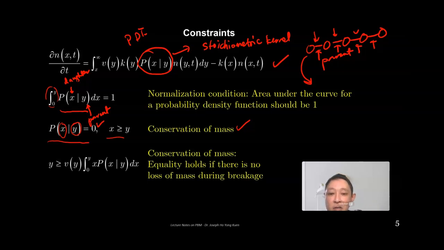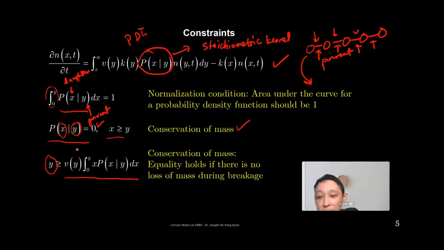The third constraint is also about conservation of mass. What it says here is that this right hand side integral should be less than or equal to the size of the parent particle. Okay, so let's just take an example here.